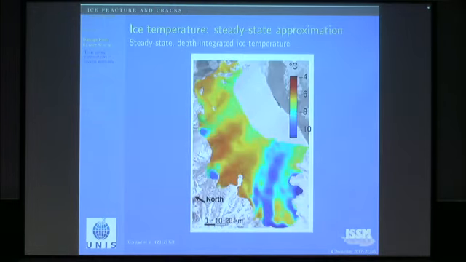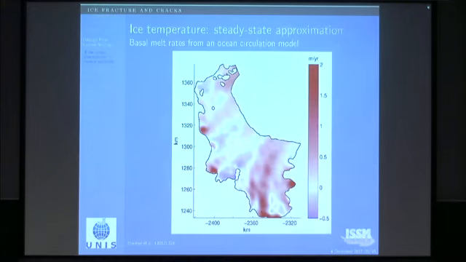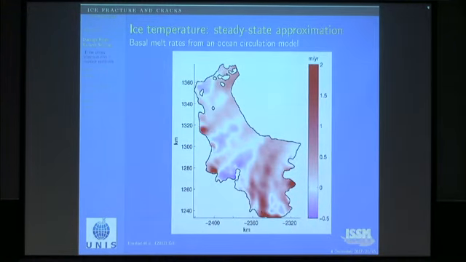So if we want to invert for something like damage, to get an idea from satellite data of where ice is being deformed because it's fractured, then we need to have a sense of what the temperature of the ice is so that we can independently parameterize this viscosity parameter B, because now we've got two unknowns, so we need to partition those if we want to get a picture of what's going on from satellite data.